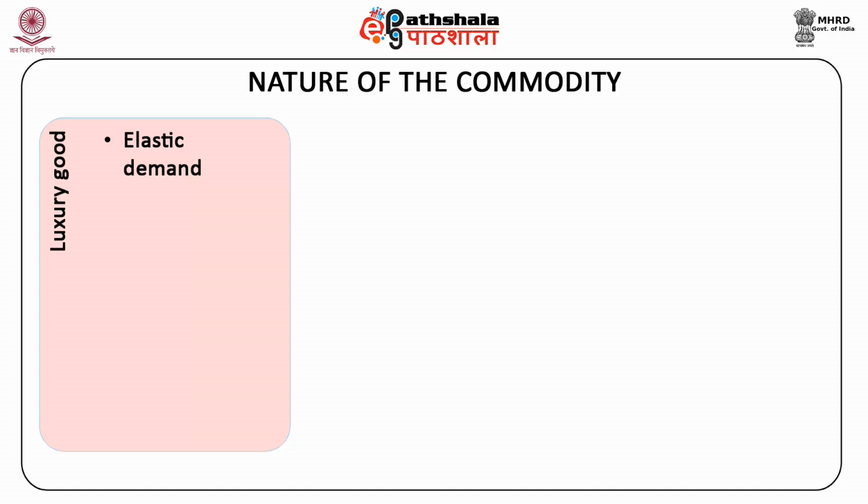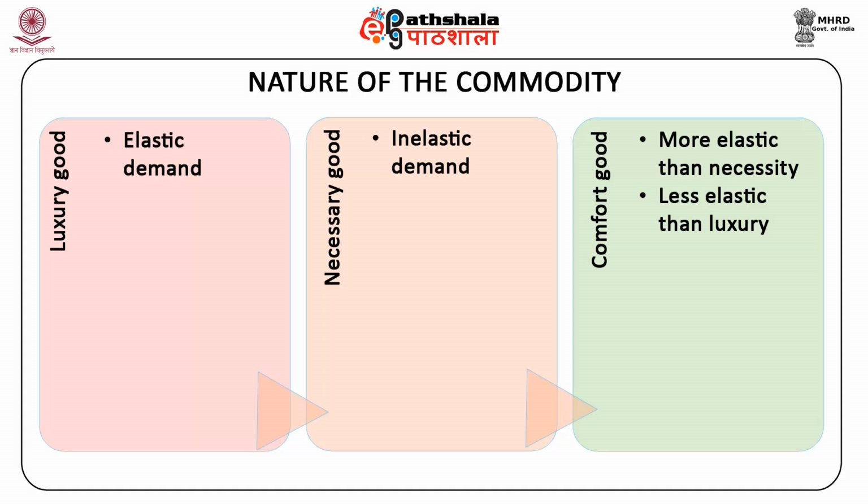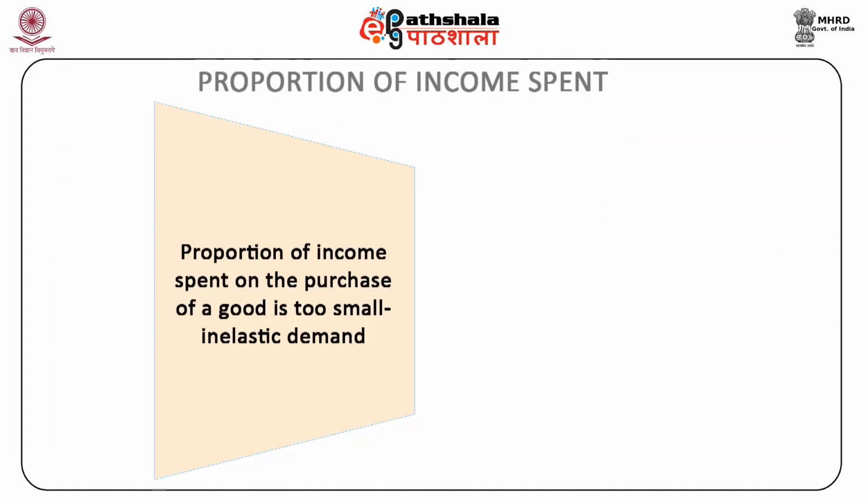However, the demand for necessary goods is inelastic in nature because even if their prices change, their consumption is almost necessary for the consumer, and he cannot postpone his demand for a necessary good when its price increases. On the other hand, the demand for comforts is more elastic than that of necessities and less elastic than the demand for luxuries.